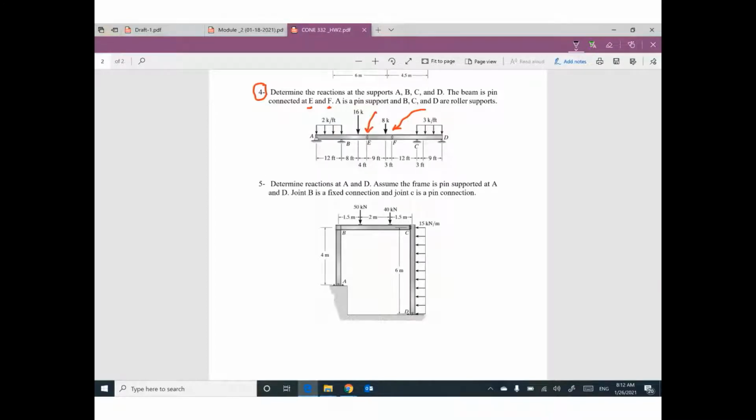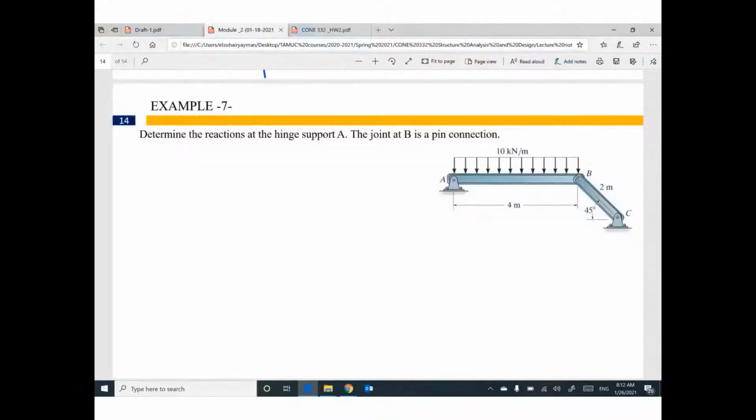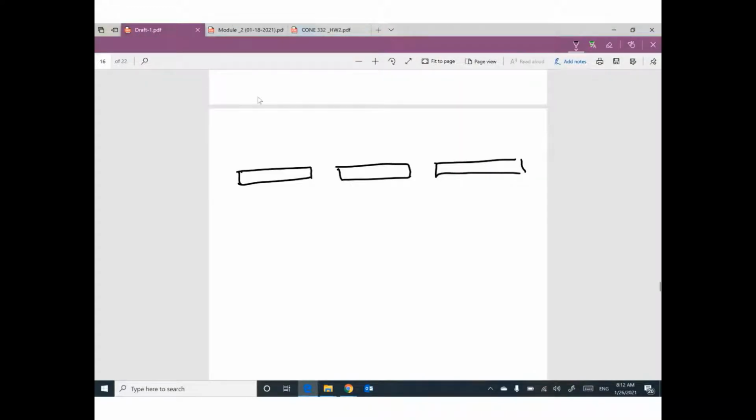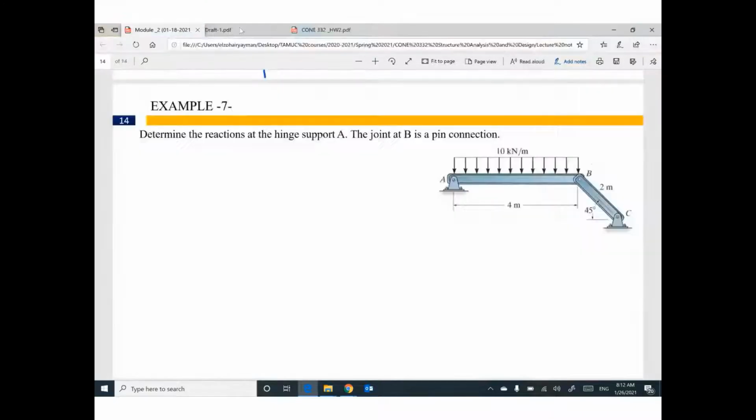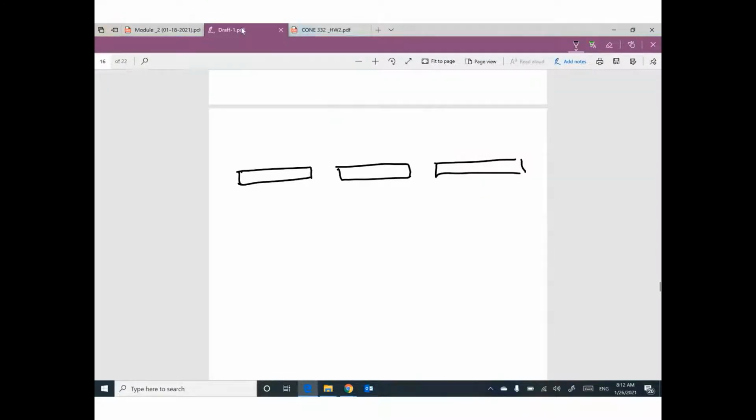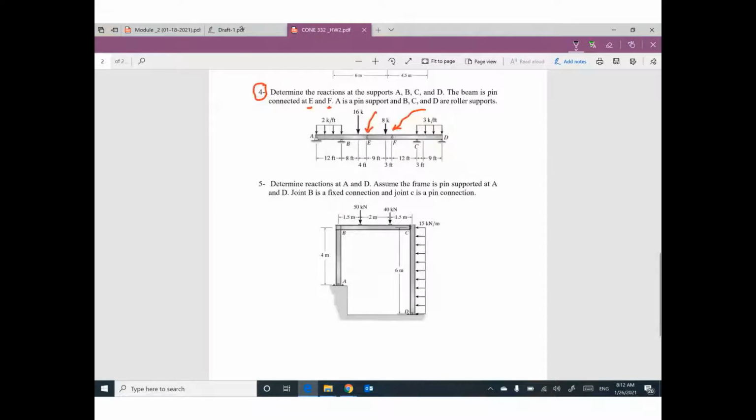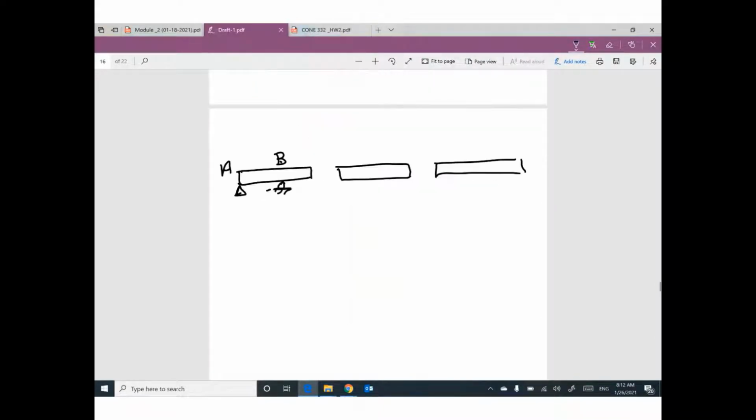We have support at A and B. A and B. What else? C and D.